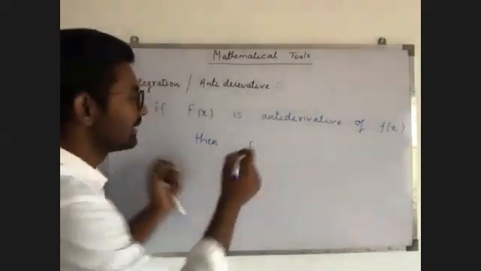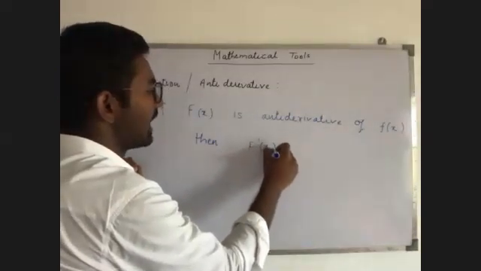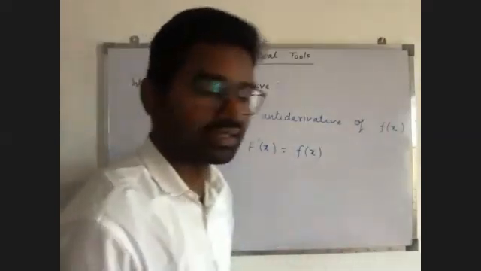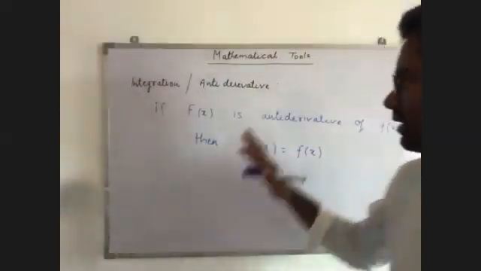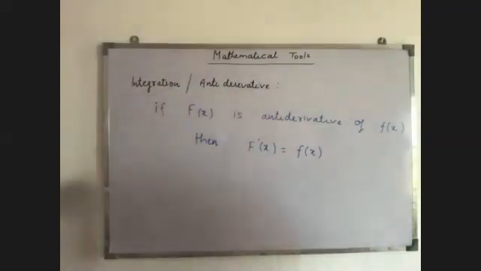So can I say that when I differentiate this function, I will get the same function? Is it right? Just think about this statement and let me know. Did you understand? Otherwise, I will let you know.